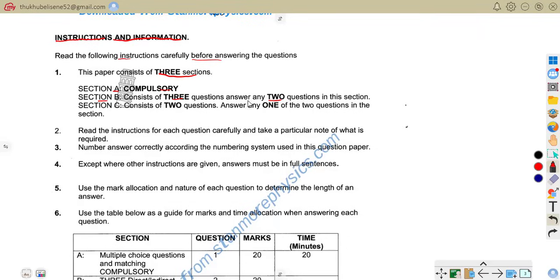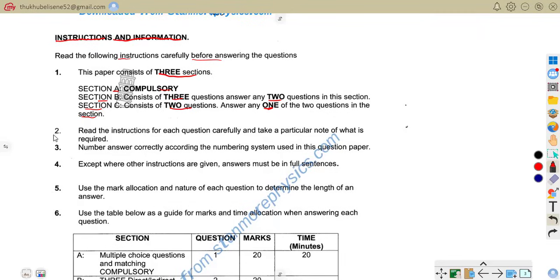But as we are going to attend to all of them so that we make a very good preparation for our Term 1 test. Section C, which we are going to do later on, consists of 2 questions, and you are to answer 1 question. Of the 2 questions in these sections, like I've said, for our preparations, we are going to attend to all the questions that are asked on this question paper.